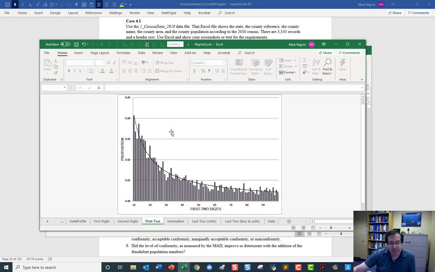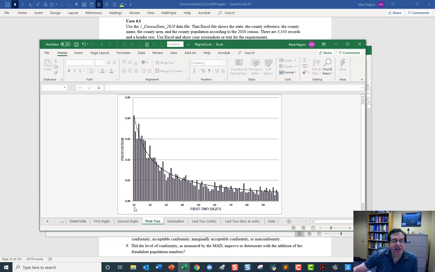Here you can see we have the Benford line, and actually over there we have a minute deviation. But what we look at is each of these deviations, which is the difference between the actual and the expected. Here we go. The actual is slightly below the expected.